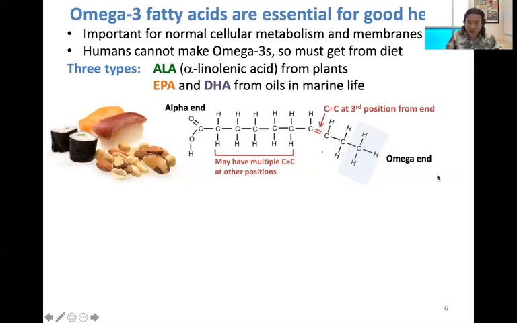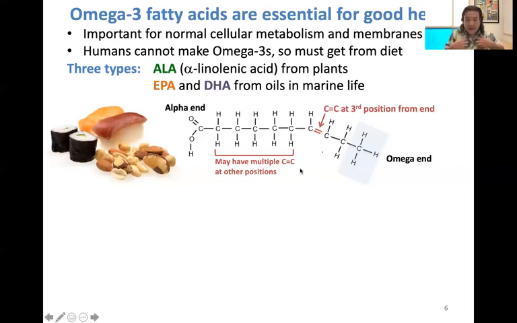And that's why it's called omega-3. Why? Because we evolved to have certain proteins that are just the right shape to recognize a fatty acid that ends 3 carbons from the end with a double bond that puts a kink there. That's why it's important. So these come in from different sources in our diet.